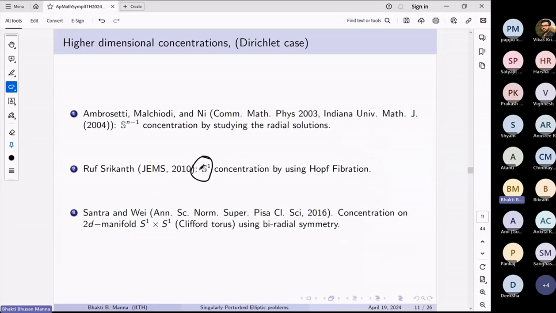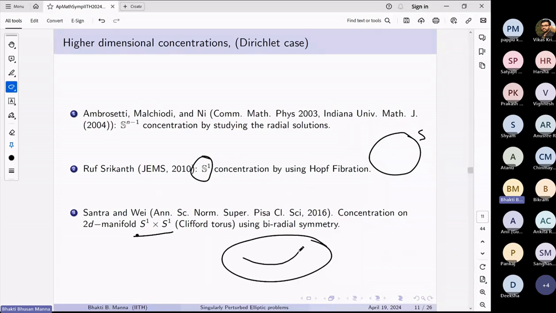In this paper, they studied the S^1 concentrating solution, that is, solutions concentrating on the circle S^1. And here also there is a two-dimensional manifold, some kind of torus, S^1 cross a 3/4 torus, on which they also have concentrating solutions. The main idea of all this higher-dimensional concentration is the use of symmetry.